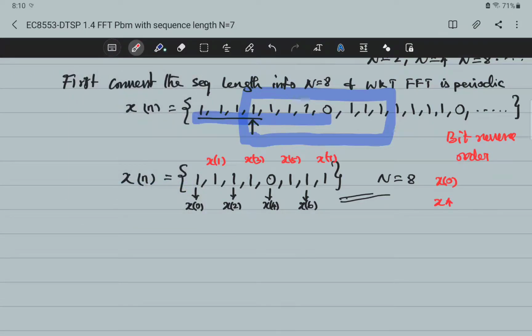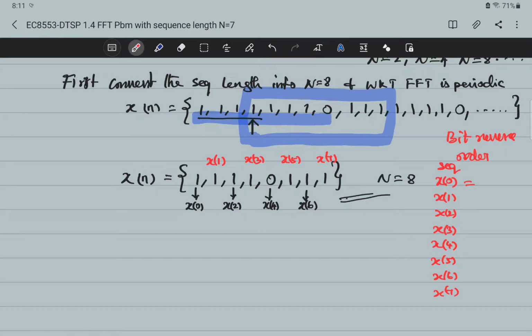So for the given sequence, this is the normal sequence x0, x1, x2, x3, x4, x5, x6, x7.